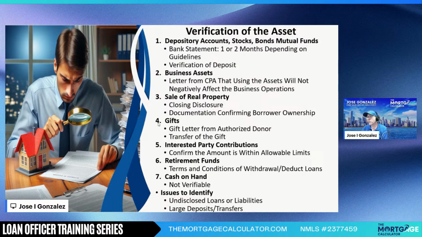And then you're going to have to provide a proof of the transfer of the gift. So you're definitely going to need a transaction history from the borrower's account showing the money entering the borrower's account and the new balance. And then you're going to have to provide from the donor either a wire transfer confirmation, clearly identifying who the transfer is coming from, what account it's coming from, and who the transfer is being sent to, and the amount of the transfer.